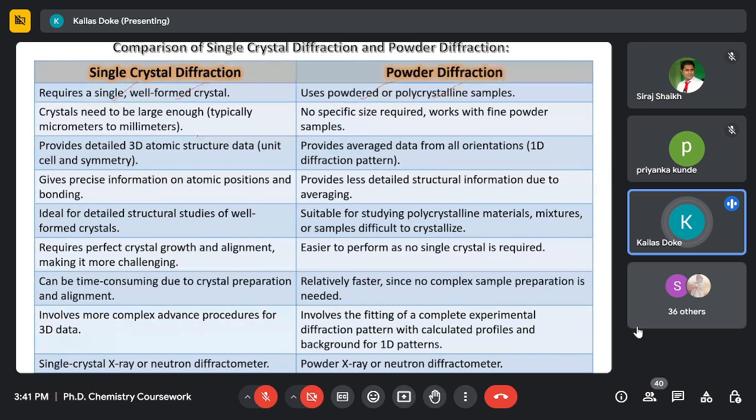So single crystal diffraction is ideal for detailed structure studies and well-formed crystals, whereas powder diffraction is suitable for studying polycrystalline material, mixtures of polycrystalline material, or samples which are difficult to crystallize. Those can be analyzed using powder diffraction.